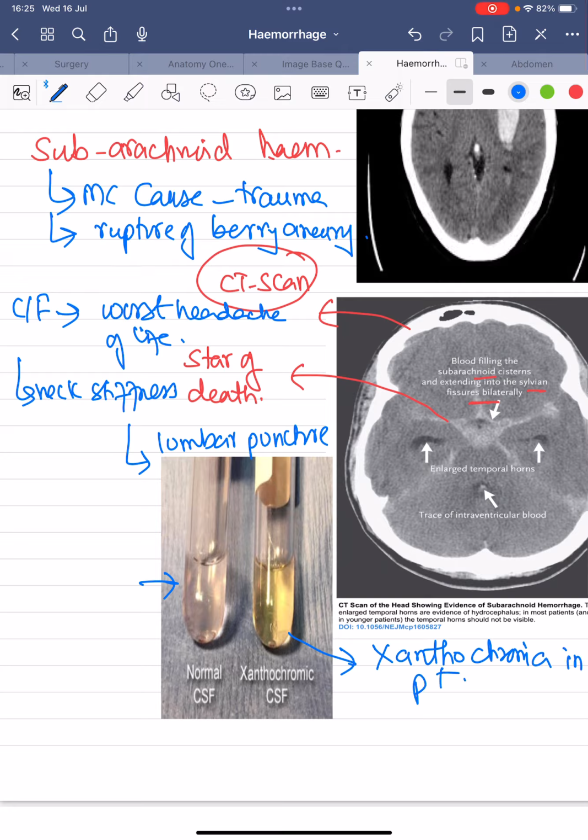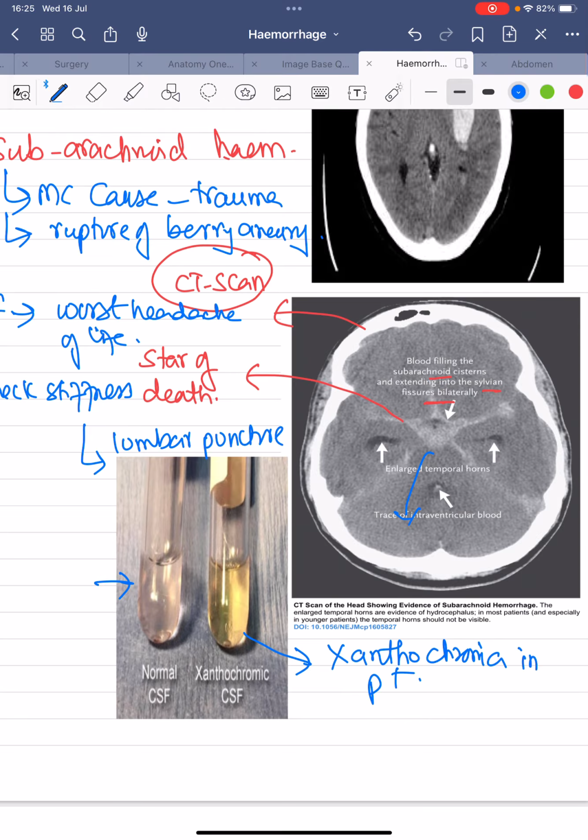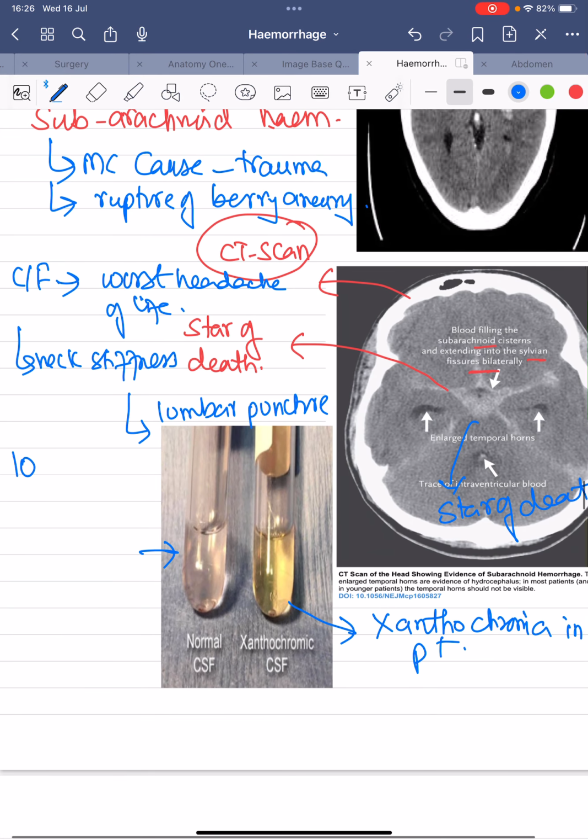So this is your what? Star of death appearance. What is the investigation of choice? Again, it is non-contrast CT scan. Management is mainly conservative, but if surgical management is required, then we will go for coiling and clipping.